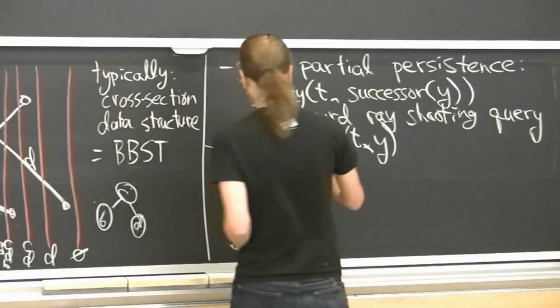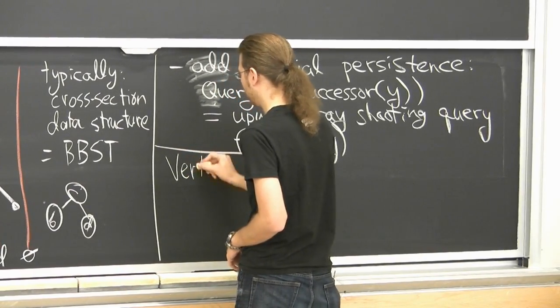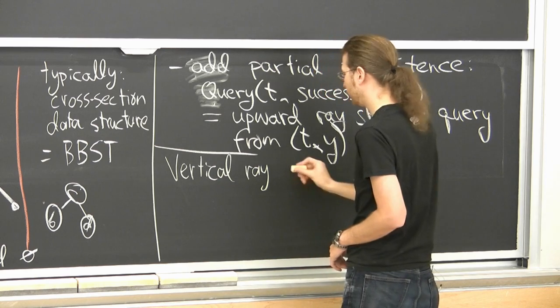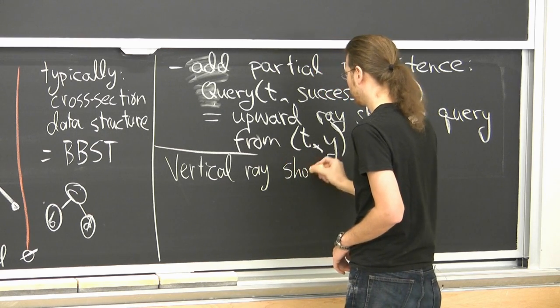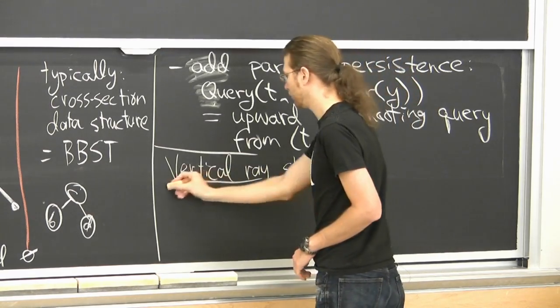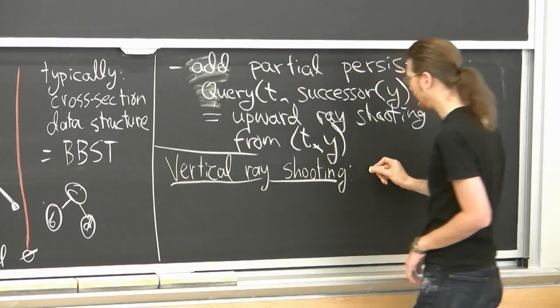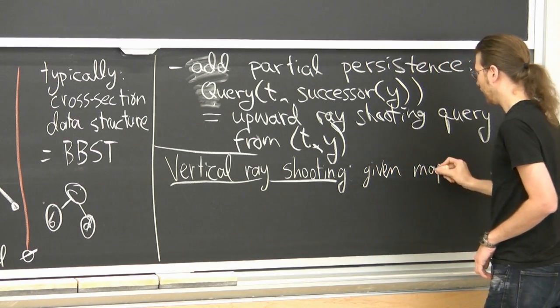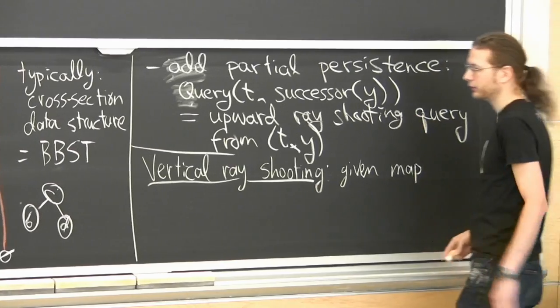And this is from a problem called vertical ray shooting, which is more or less equivalent to planar point location. So vertical ray shooting, again, you're given a map, a planar map, and the queries are like this.